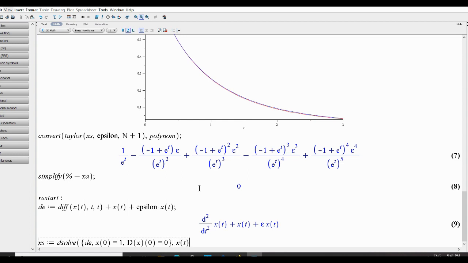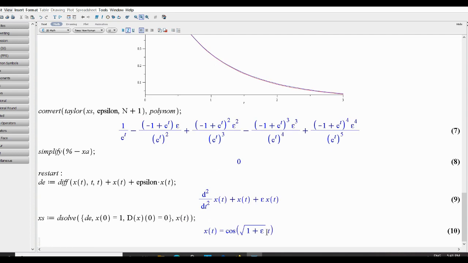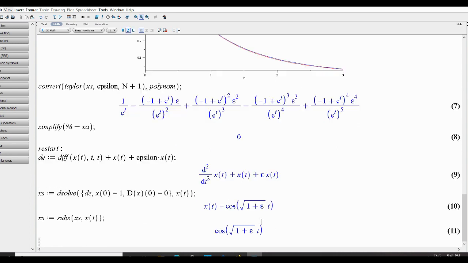It solves this for me. It is the cosine of 1 over the square root of 1 plus epsilon times t. You are familiar with this. I'll say xs is equal to substitute xs in x of t, just pull out the right hand side. That is the solution.